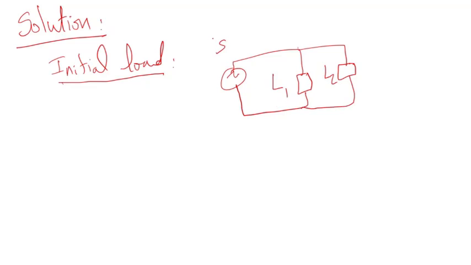This source will provide some complex power S, and the total current that will flow is I. Load 1 will consume S1, so the current would be I1. Then I2 would flow through L2, which would have a complex power of S2. So if you note here, S is equal to S1 plus S2.